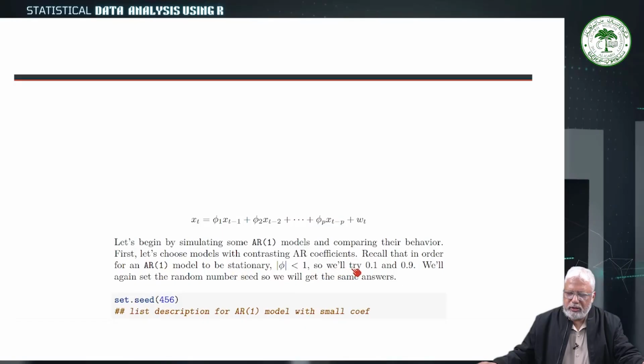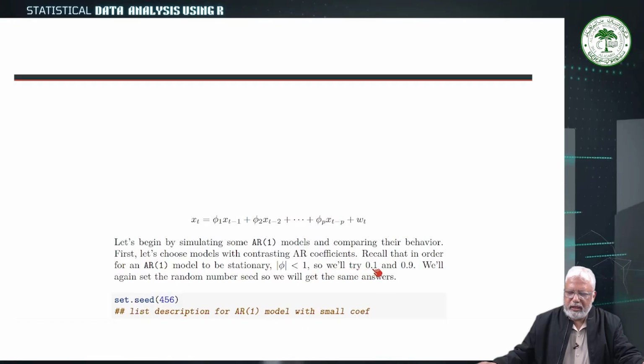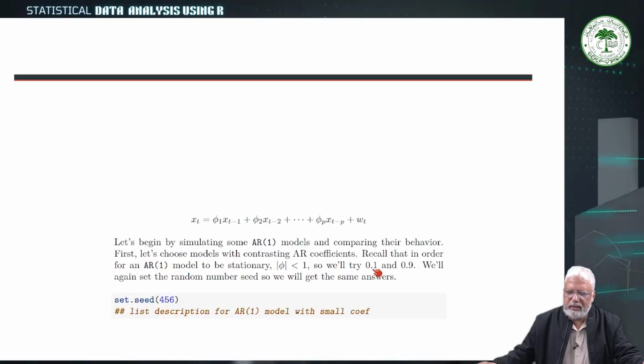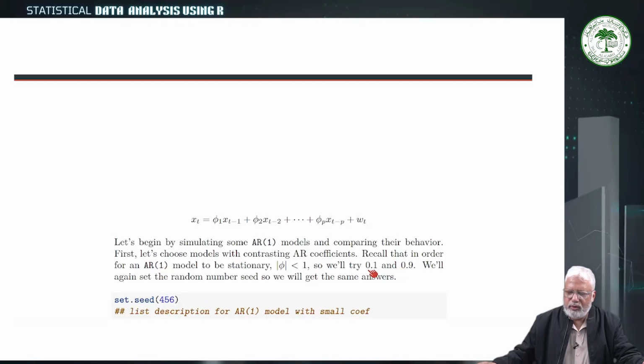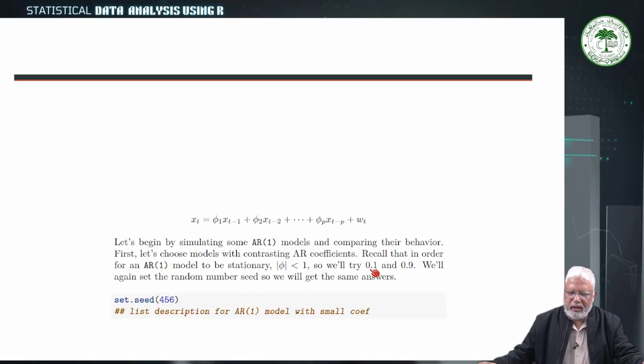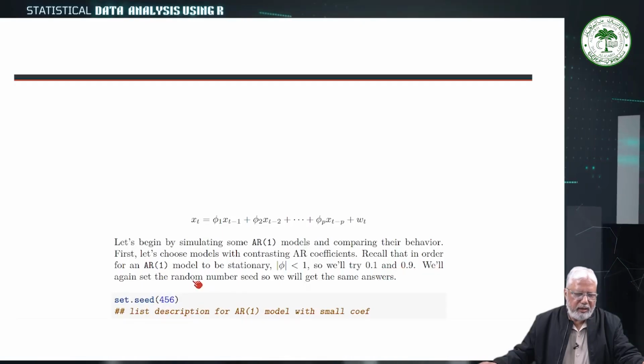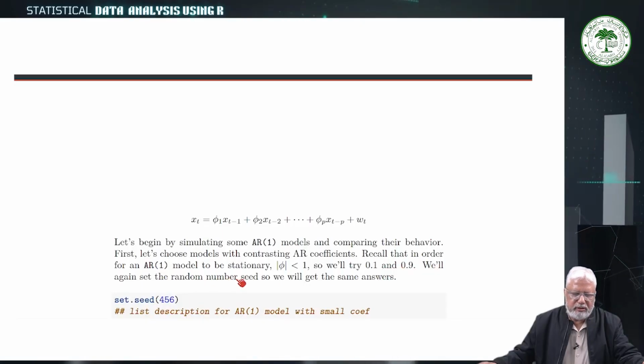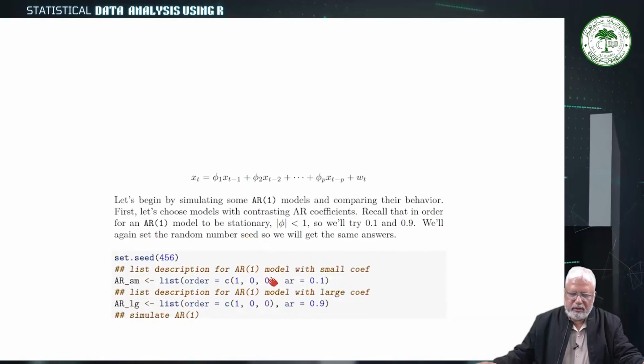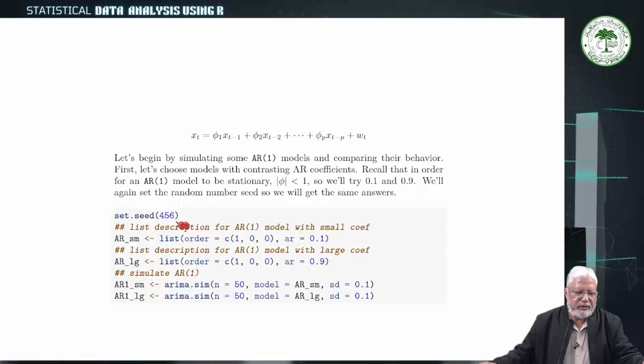So we will try 0.1 and 0.9, a very small value of phi and a very large value of phi. And we will again set the random number generator with set.seed.